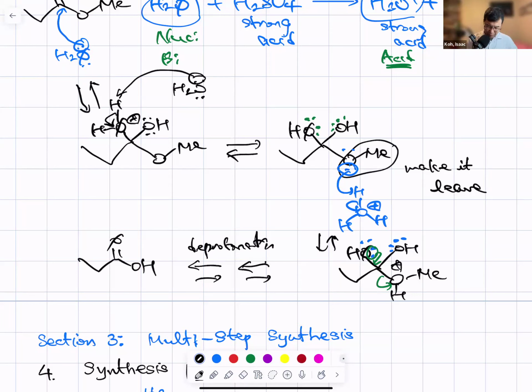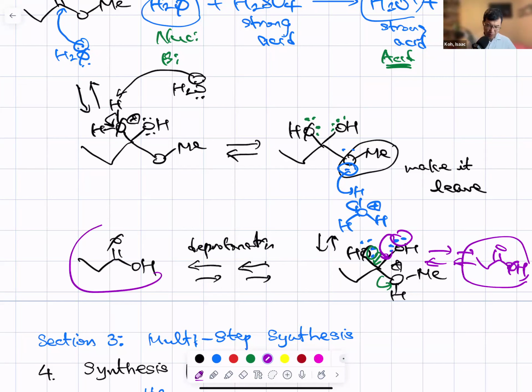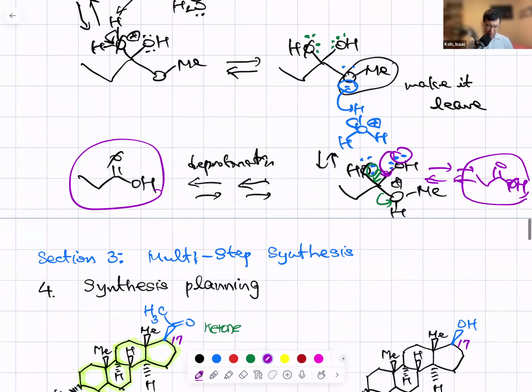Or we can make this lone pair come down and it's leaving, then two-step deprotonation. It will be making this product. Either way, because the lone pairs of both OH groups can come down and make the leaving group leave. Here we are differentiating between oxygens. One is oxygen-16, the other one is oxygen-18. So we have a mixture of two different products.